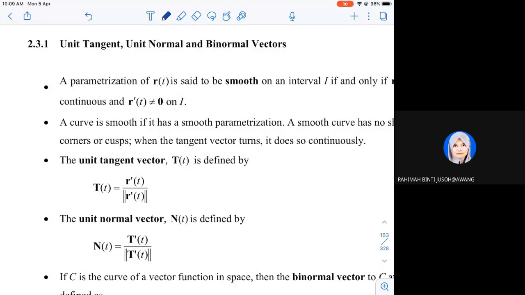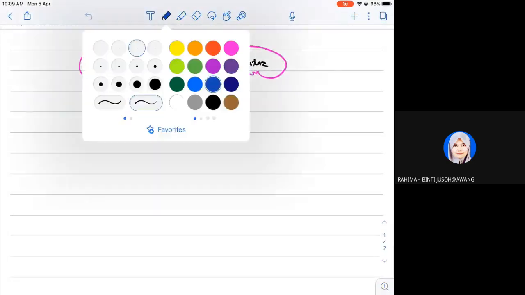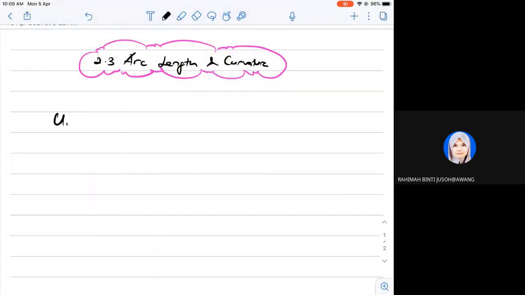Alright, so unit tangent, unit normal, and binormal vectors. Unit tangent vector. Okay, number one.